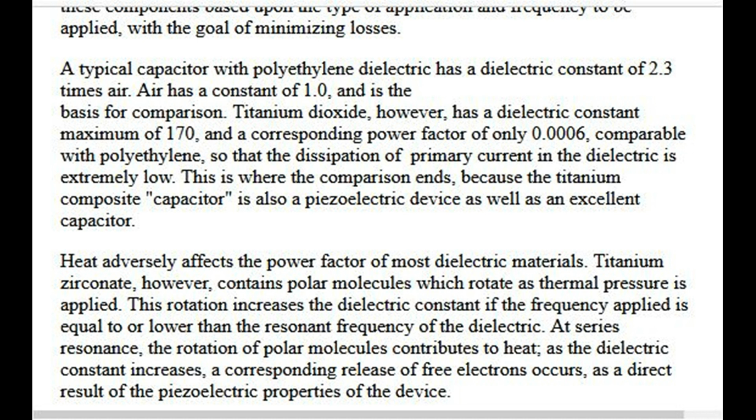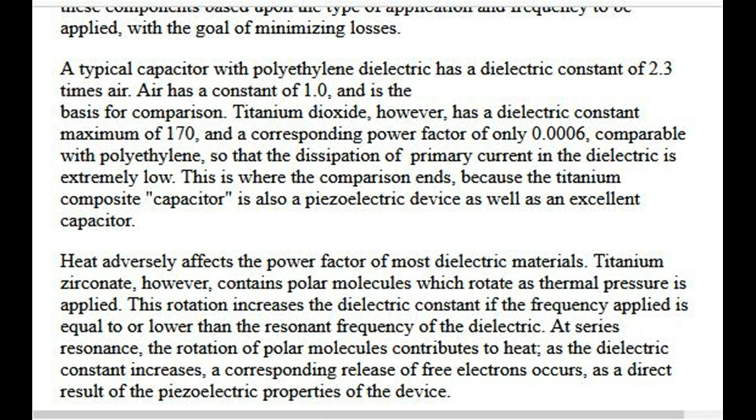This is where the comparison ends, because the titanium composite capacitor is also a piezoelectric device as well as an excellent capacitor. Heat adversely affects the power factor of most dielectric materials. Titanium zirconate, however, contains polar molecules which rotate as thermal pressure is applied.